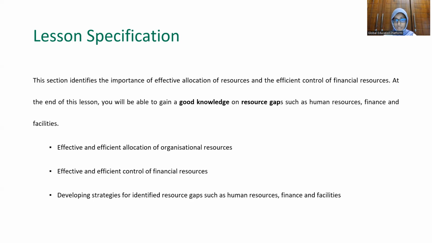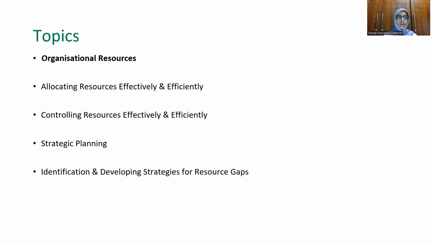Now, moving on, I will just give you the main 5 topics that we will be covering under this lesson. First, we will be talking about the organizational resources. So what are the organizational resources?